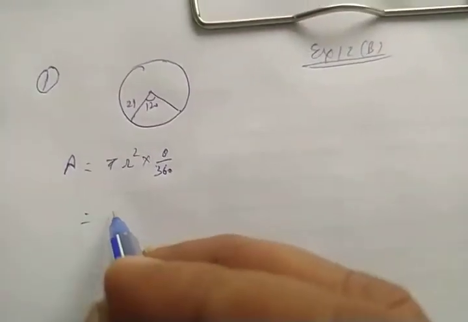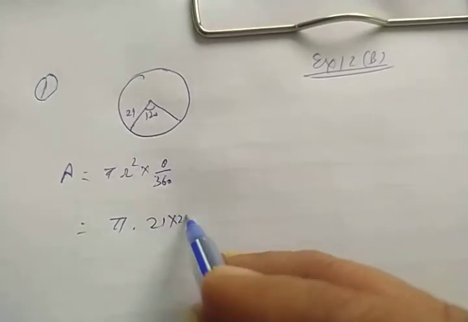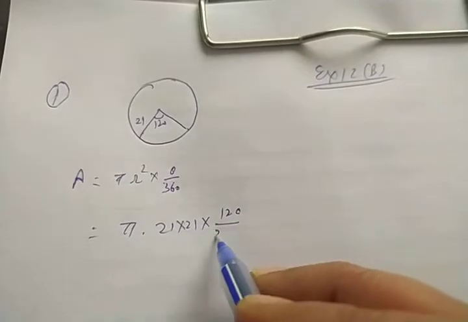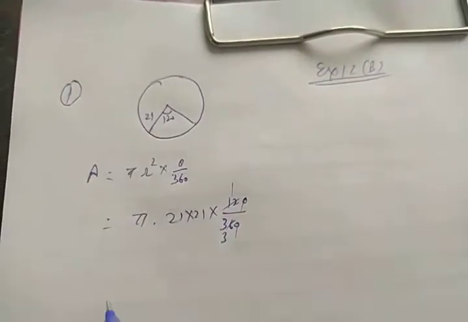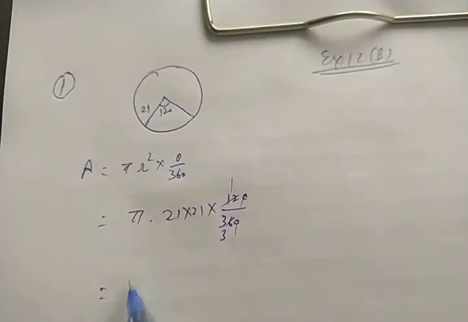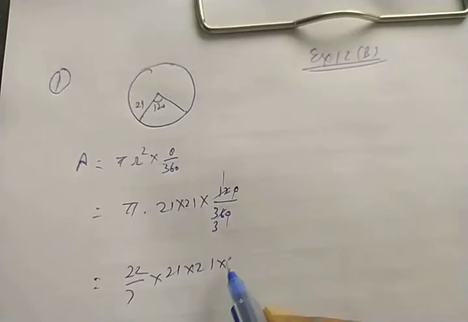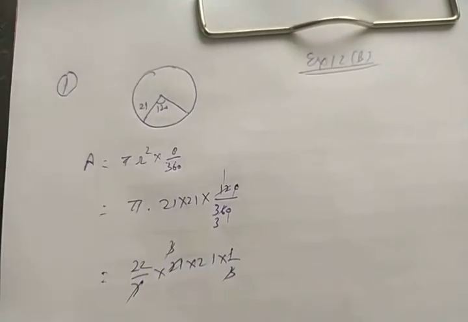Pi will remain as it is. r means 21 into 21 into theta, which is 120 upon 360. Zero cancelled, 12 three times is 36, so 1 upon 3. Value of pi is 22 upon 7 into 21 into 21 into 1 upon 3. So 7 threes are 21, this is cancelled.